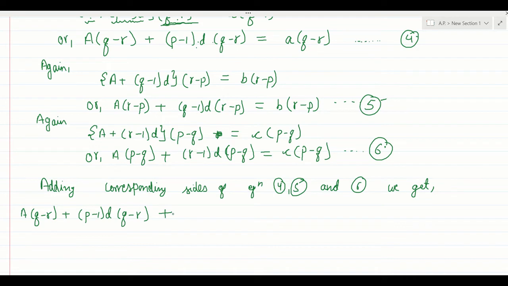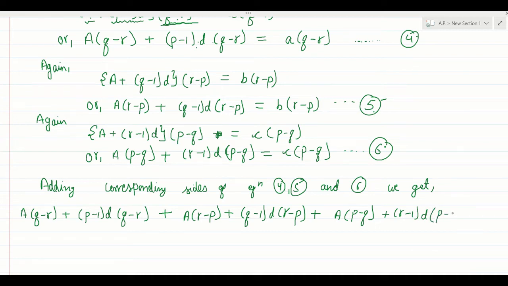Okay, plus the left hand side of equation 5 is A in bracket R minus P plus Q minus 1 D in bracket R minus P. Isn't this? Okay. Now plus the left hand side of equation 6 is A in bracket P minus Q, then plus R minus 1 D in bracket P minus Q. Isn't this?